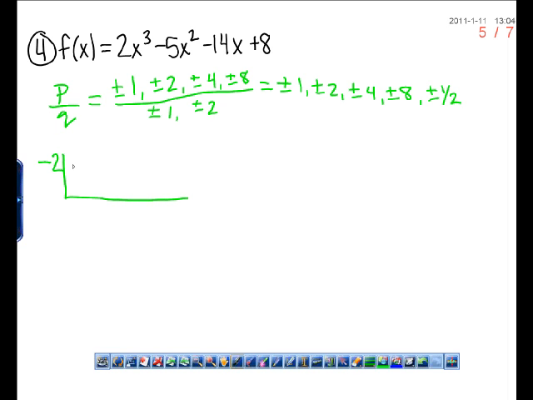Now, just because I'm letting you use your calculator to help you get an idea, that's for a time-saving purpose. It's not so that you don't have to know how to do synthetic division. I don't want you to sit on your calculator and calculate the root. If you think -2 is a root, I need to see you do synthetic division with -2.